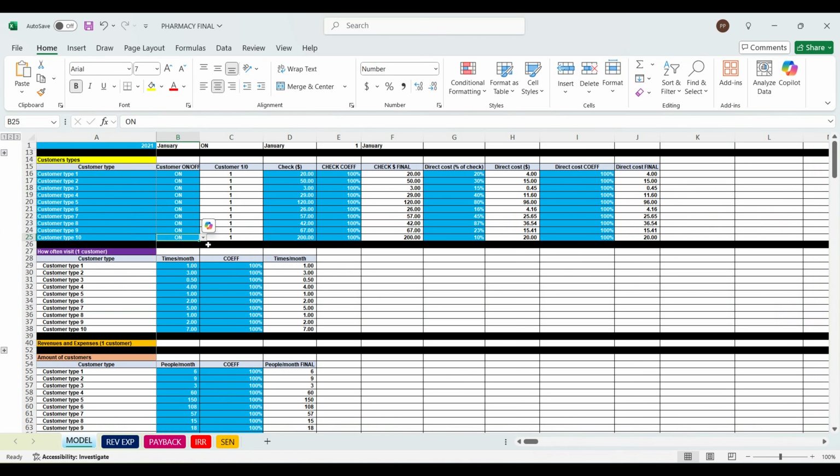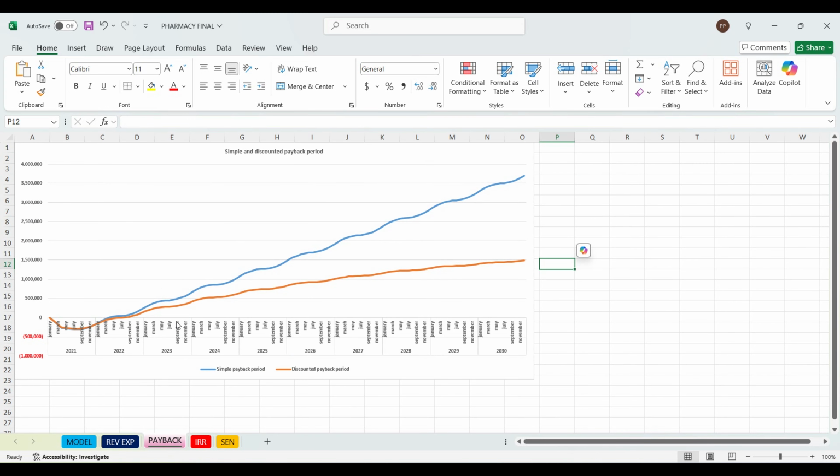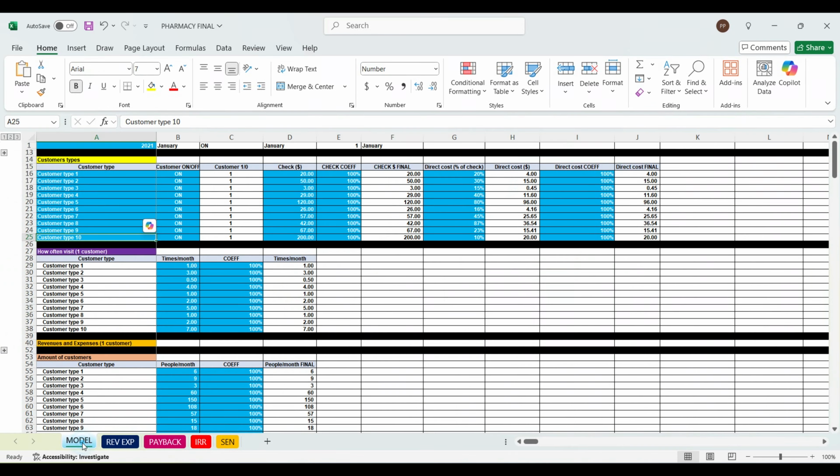So this column gives us an ability to switch off this specific type of customer and see how it affects our business idea. Maybe we're too optimistic and we need to rethink the business concept. This will help you a lot during the stress testing period, scenario building and so on.